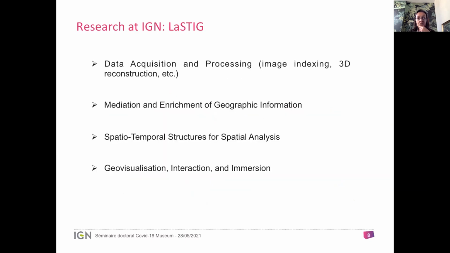At IGN, we do research. We have a laboratory in science and technology of geographical information, where we do 4 main areas of research. I don't read them here, you can see it.